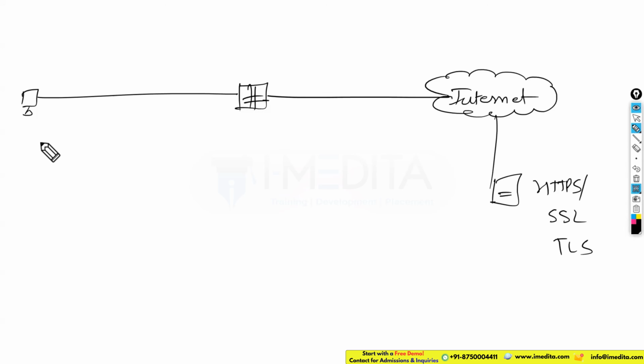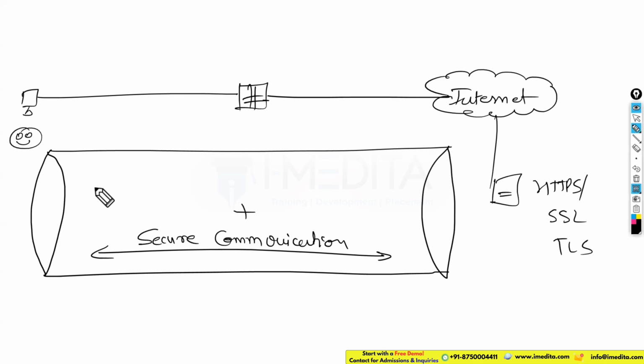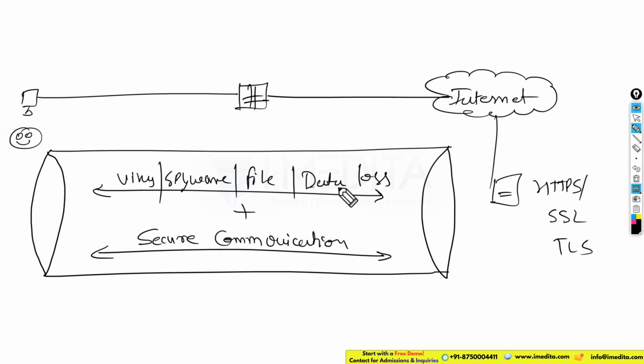Now a user from our LAN will establish an SSL tunnel with the server, and using this tunnel the user will do secure communication. Along with it, the user can send and receive virus, spyware, files. There can be data loss.